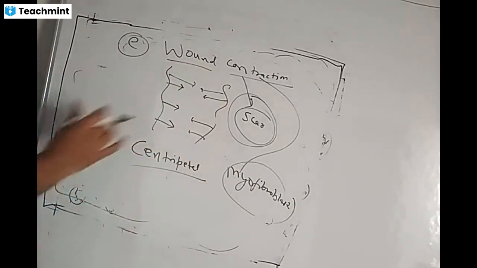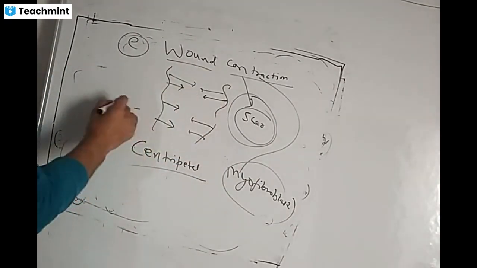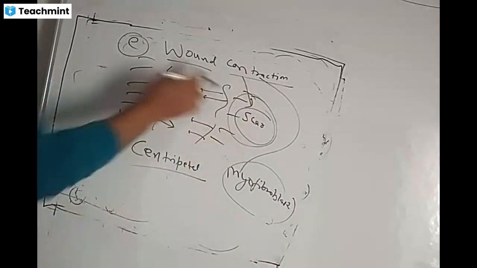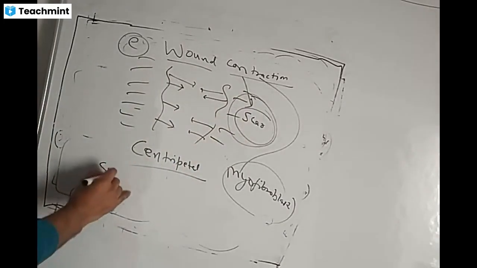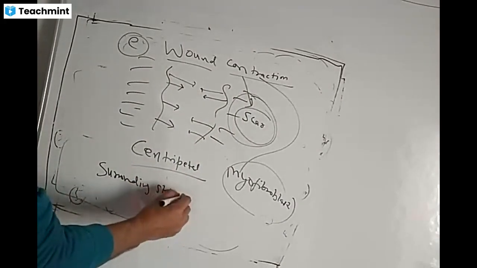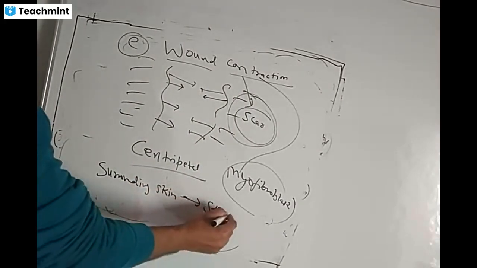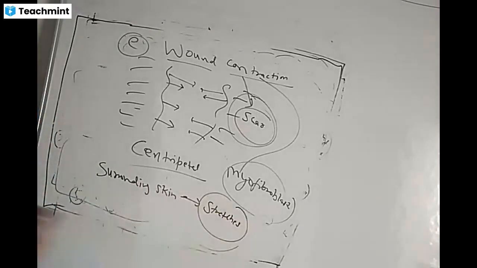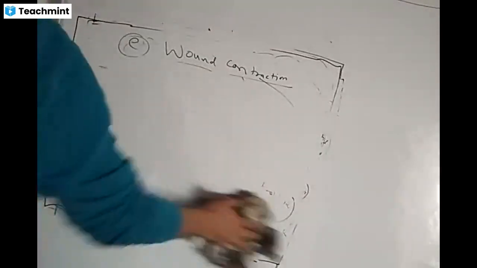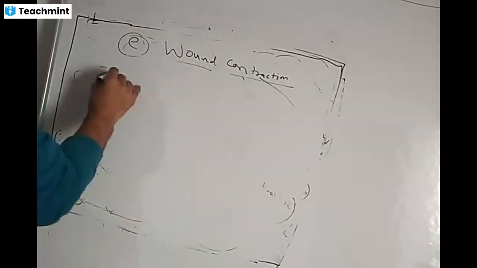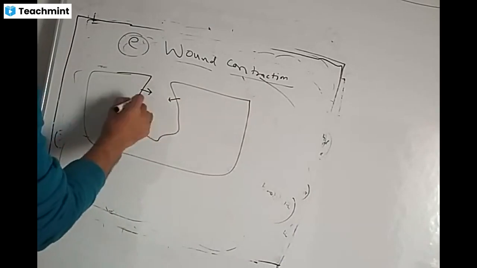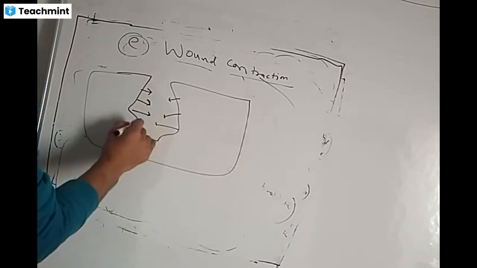When the edges are moving, then what happens to the surrounding skin? Edges are moving because of this contraction, the surrounding skin stretches. The surrounding skin will stretch itself. So the result of the wound contraction means, see, these edges are moving centripetally.